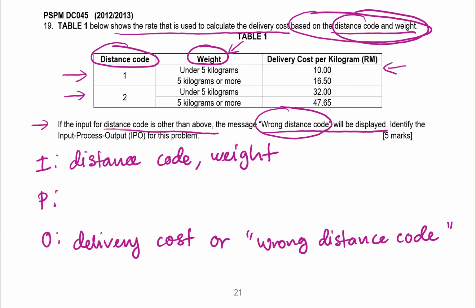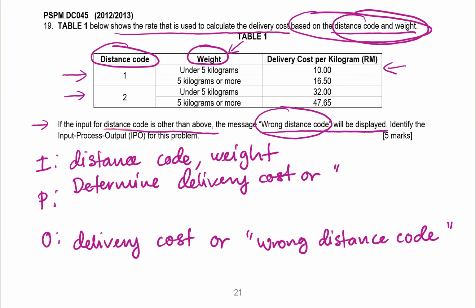So how about the process? The process is, you start with determine, since this one is the selection control structure. So what are you going to determine? Determine delivery cost, or a message.